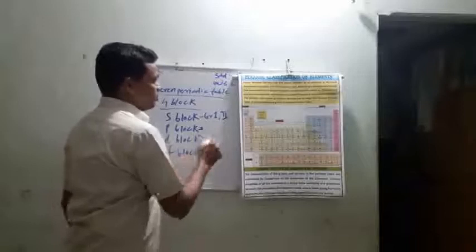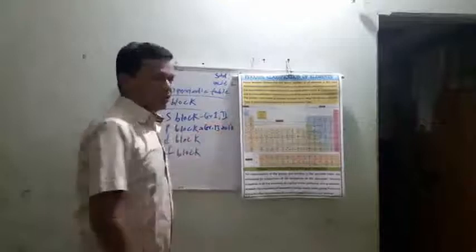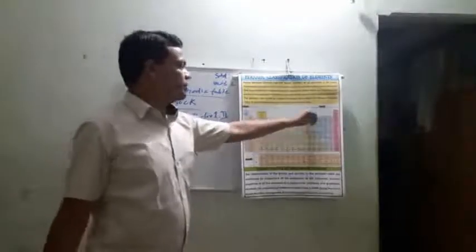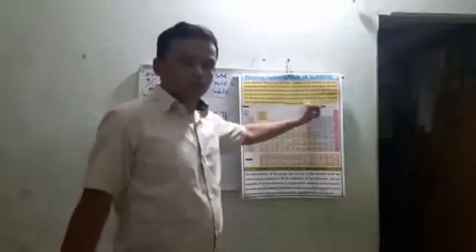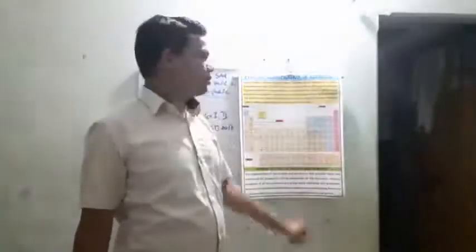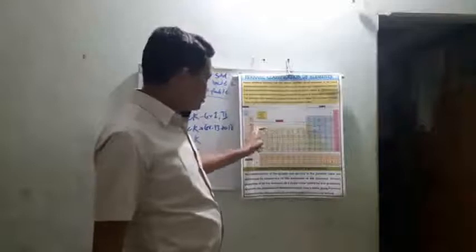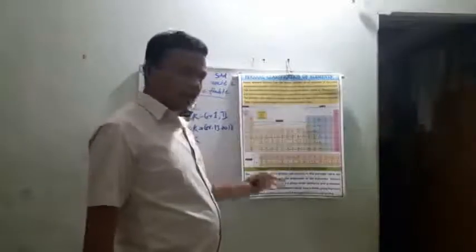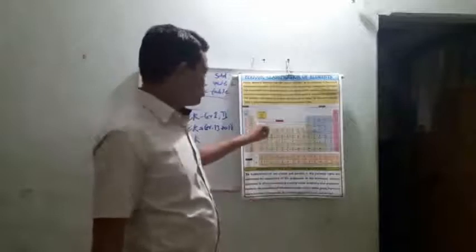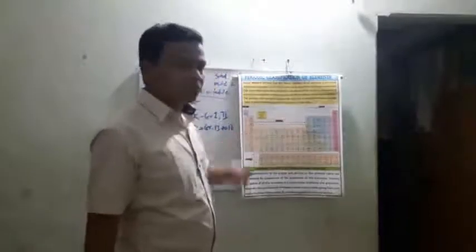Then the elements present from group 3 to group 12 form the D block.